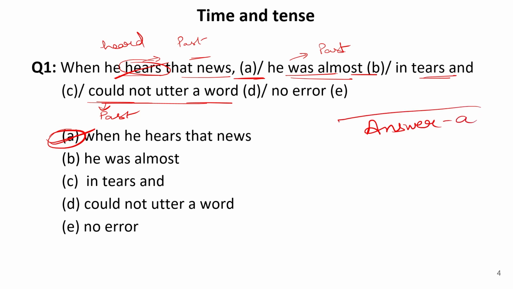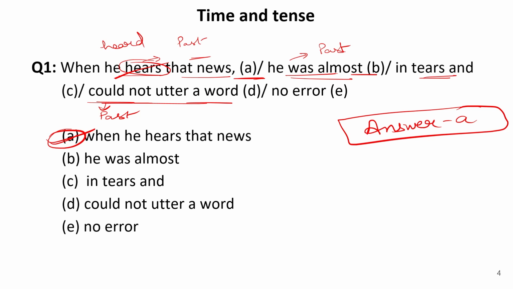The correct sentence will be: when he heard that news, he was almost in tears and could not utter a word. Now, one more thing we should keep in mind: in these types of questions, we just have to select that particular part that contains the error. We need not rectify it.